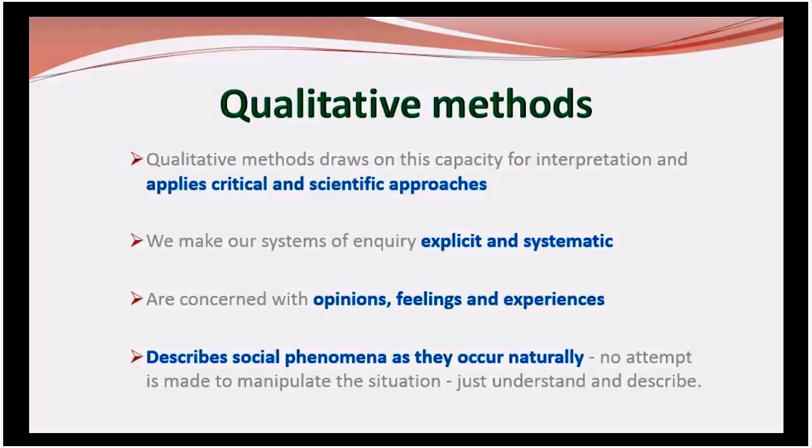Some of the ways that we try to make it systematic is that we have a protocol where we define our context, and that's how we describe our social phenomena in a naturally occurring environment. I would describe the clinic I'm working in, the environment the clinic is within, and the political and social context of the clinic.